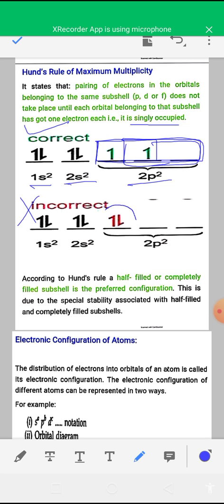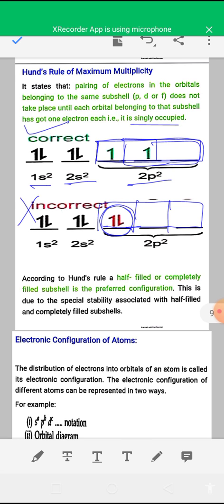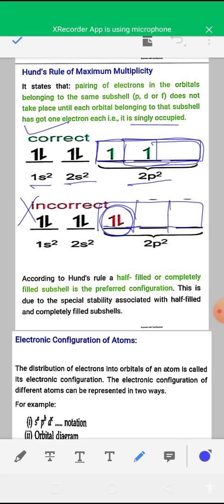You cannot give both electrons in the same 2p orbital, because the 2p subshell has 3 p orbitals of the same energy. So you have to give electrons one by one in different p orbitals. This is according to Hund's rule.